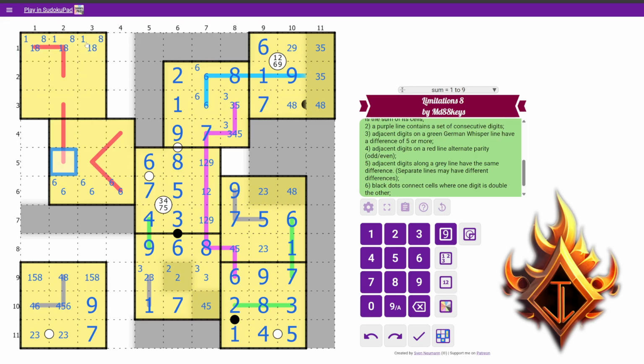A 7 is up there, not in the middle. A 5. 7, 2, or 4s.